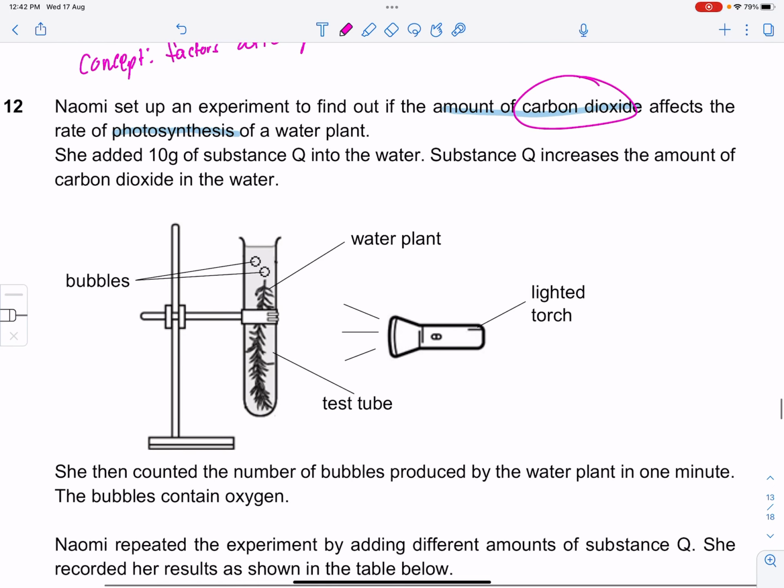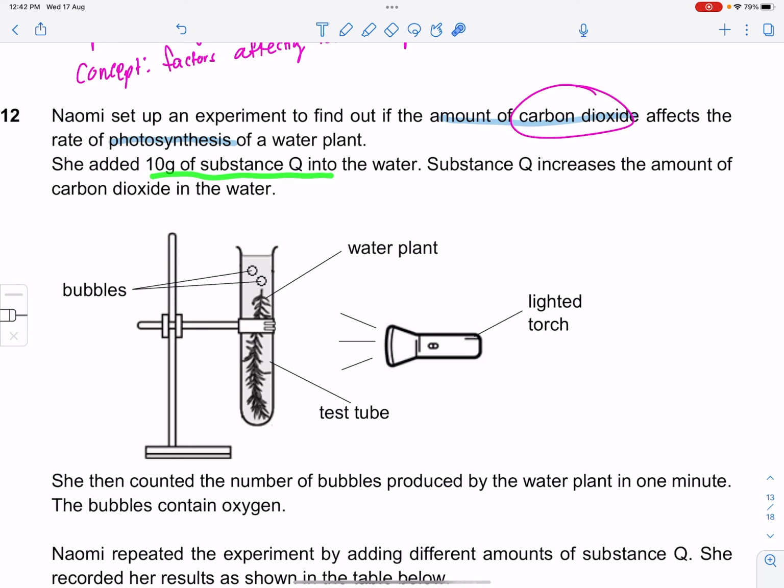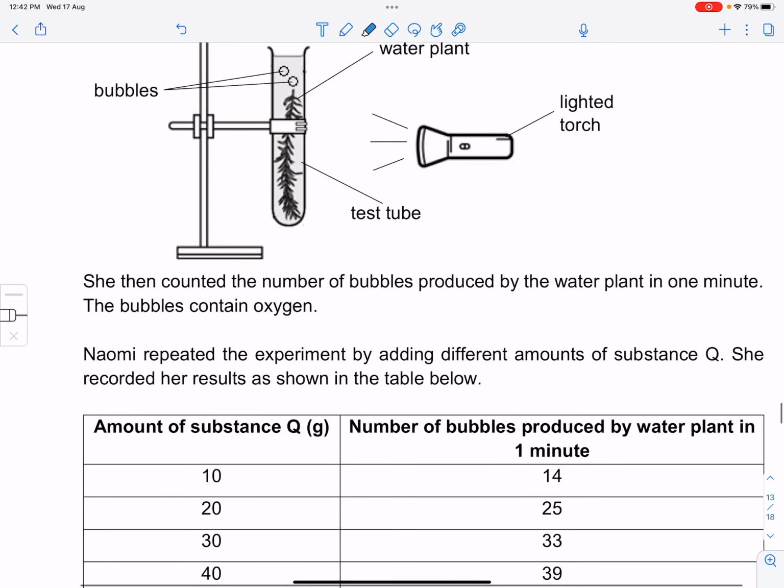Okay, then they tell you, she added 10 grams of substance Q in the water. Substance Q increases the amount of carbon dioxide in the water. So with this statement, I should also know that as substance Q increases, the rate of photosynthesis should also increase based on theoretical knowledge. Okay, without even looking at the rest of the question.